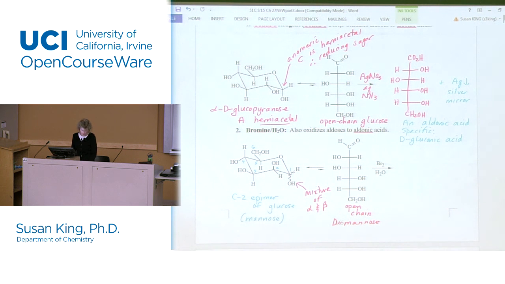So bromine in water also is going to oxidize that to a carboxylic acid. Just the aldehyde. Notice I'm remembering to put hydrogens in. You've got to do that on the final.